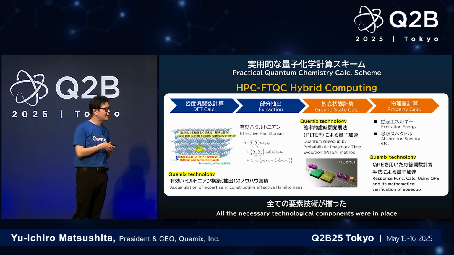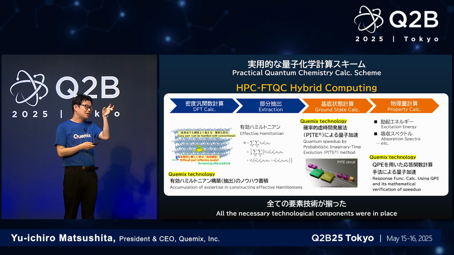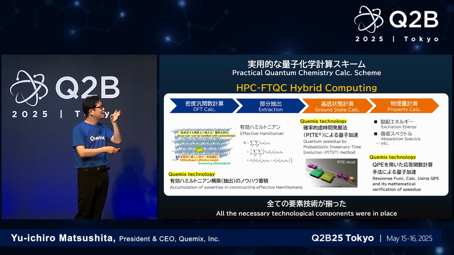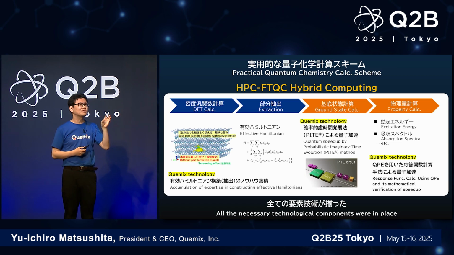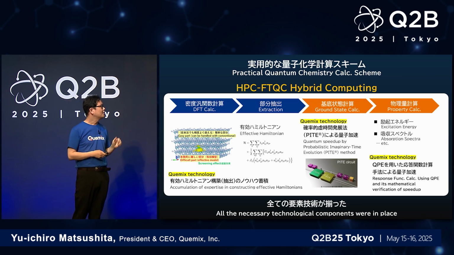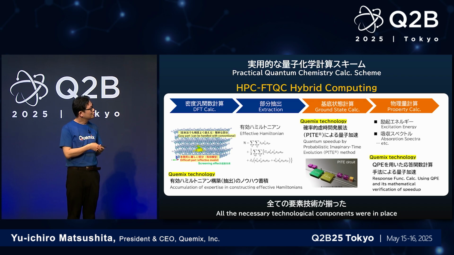This is actually one of our activity areas, and we have accumulated a lot of know-how in this area. Once the hard part is extracted, we bring it to the third step, and we will solve it at high speed and high accuracy in the quantum computing.